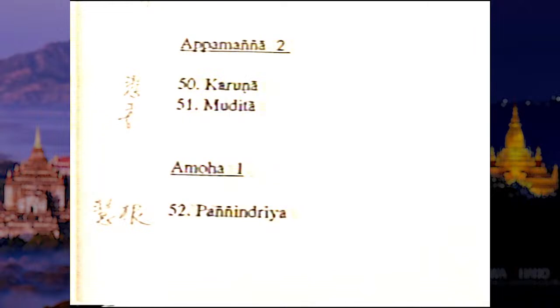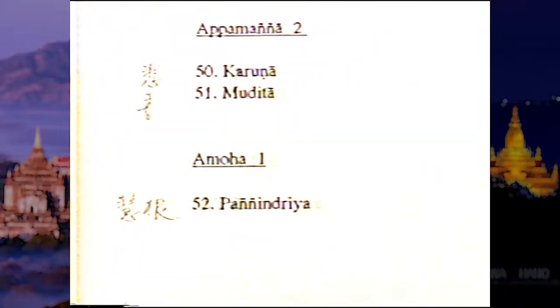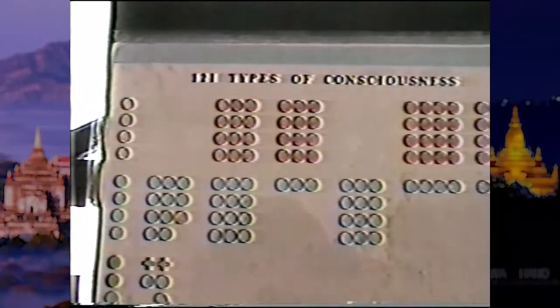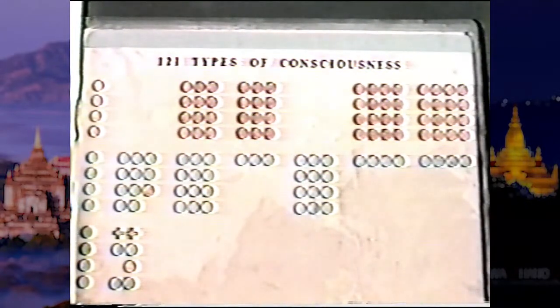Now we must know what type of consciousness is accompanied by how many mental factors, and how many types of consciousness can arise with a given cetasika. We have to go both ways, right? First we take the cetasika and we find out how many cetas it accompanies. And then we take a type of consciousness and we must find out how many cetasikas arise with that particular ceta.